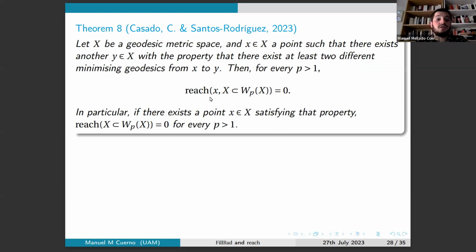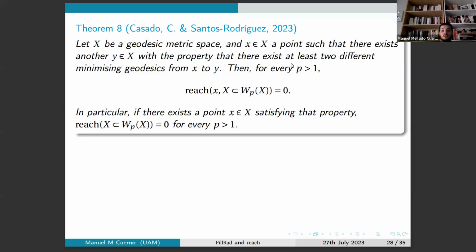If X is a geodesic metric space and X is a point in X such that there exists another point Y with the property that there exist at least two different minimizing geodesics from X to Y, then for every p, the reach at this point will be 0. In particular, if there exists a point satisfying this property, then the reach will be 0 in the whole space.